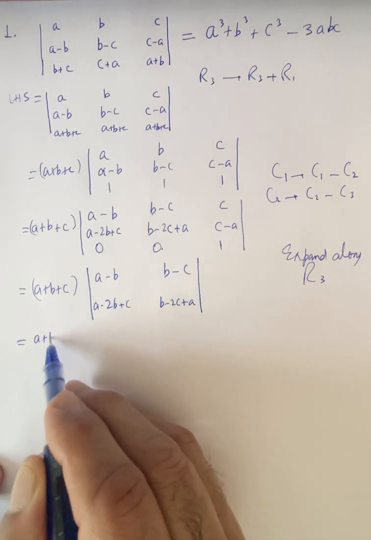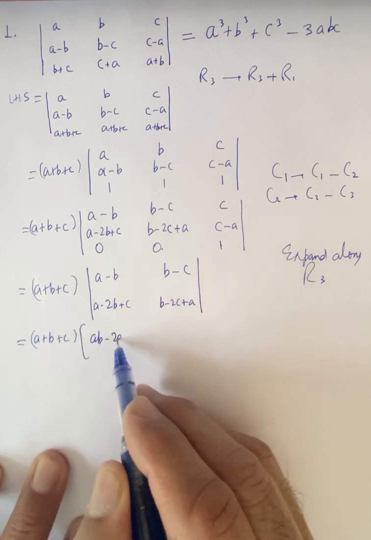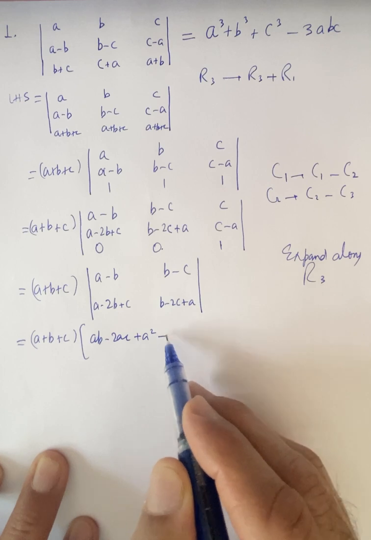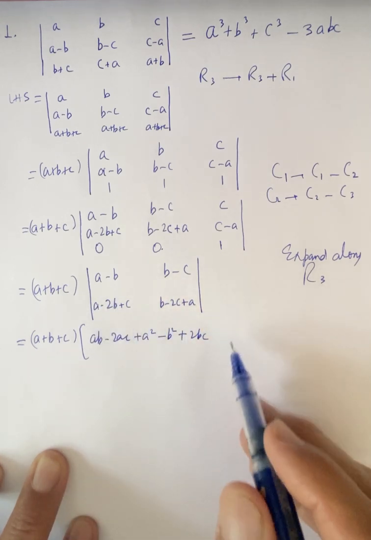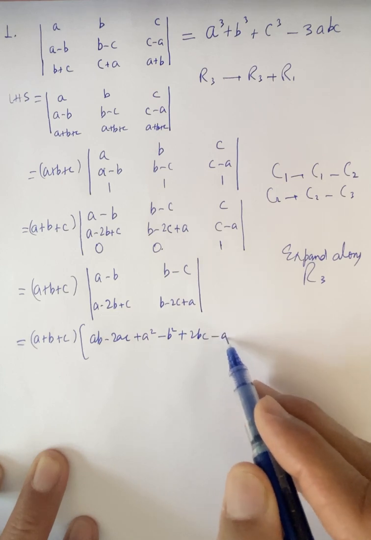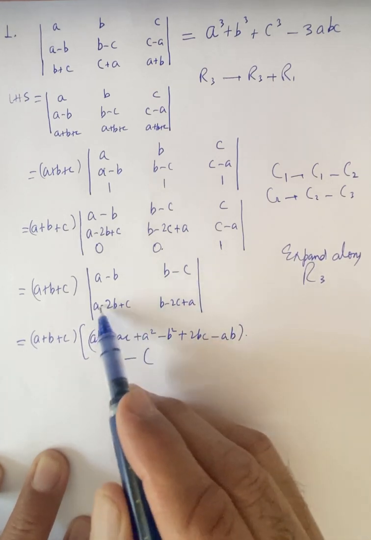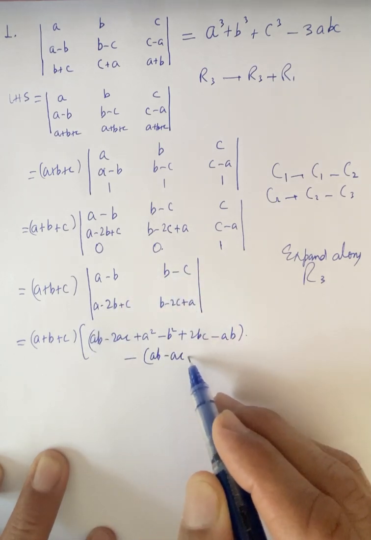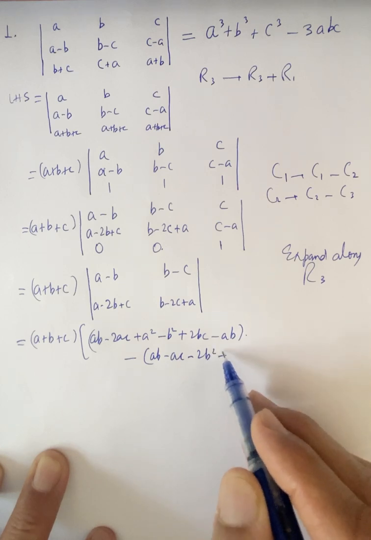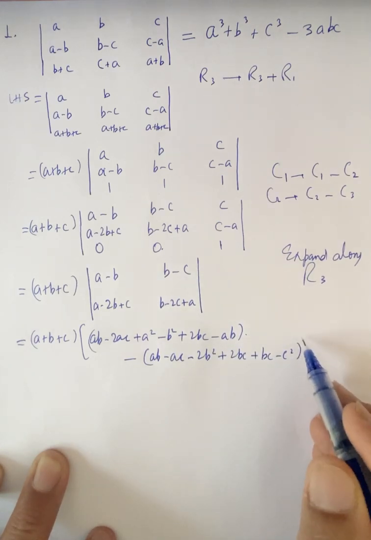Let's write a plus b plus c. It's ab minus 2ac plus a square minus b square plus 2bc and minus ab. And minus this product, which is ab minus ac minus 2b square plus 2bc plus bc and minus this is c square.